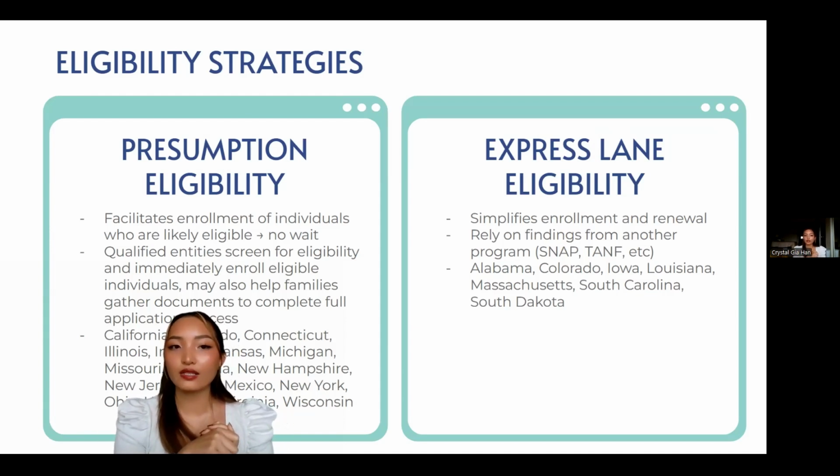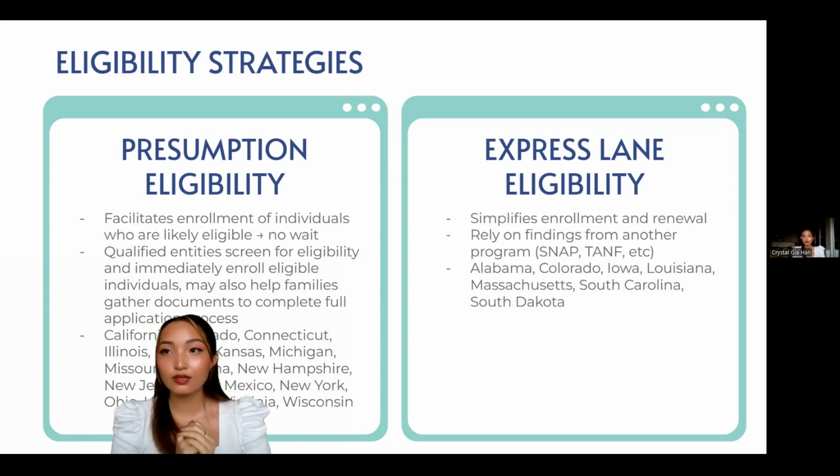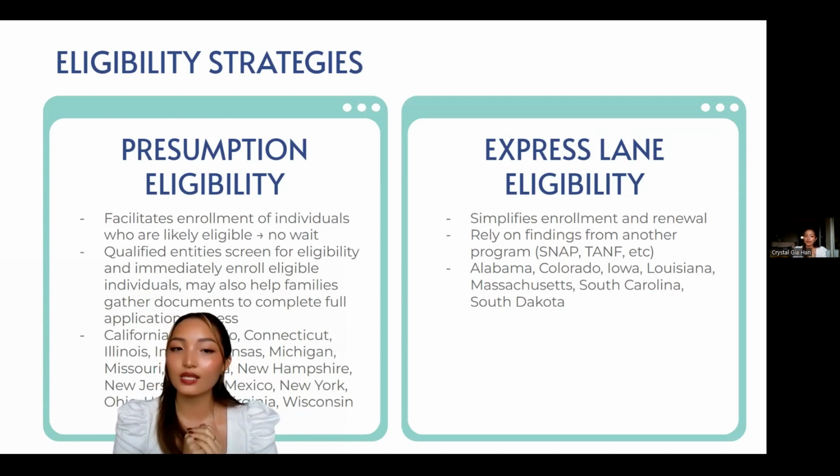Qualified entities, which include schools, communities, or hospitals, screen for eligibility and newly enroll eligible individuals, and also help families gather documents to complete the full application process. But the downside to this strategy is that it's not provided in all states.